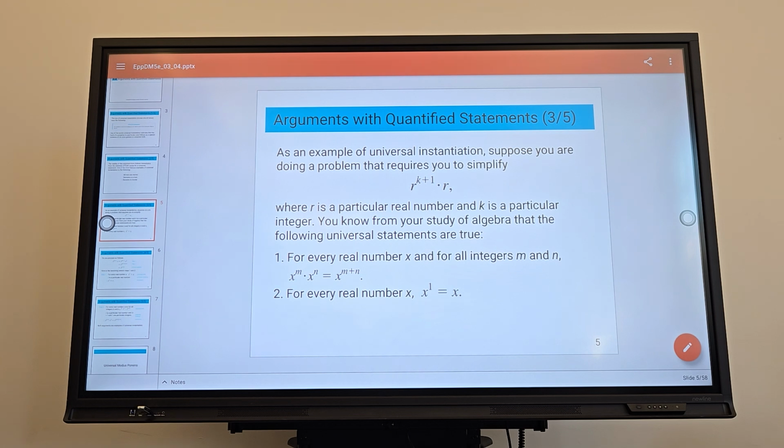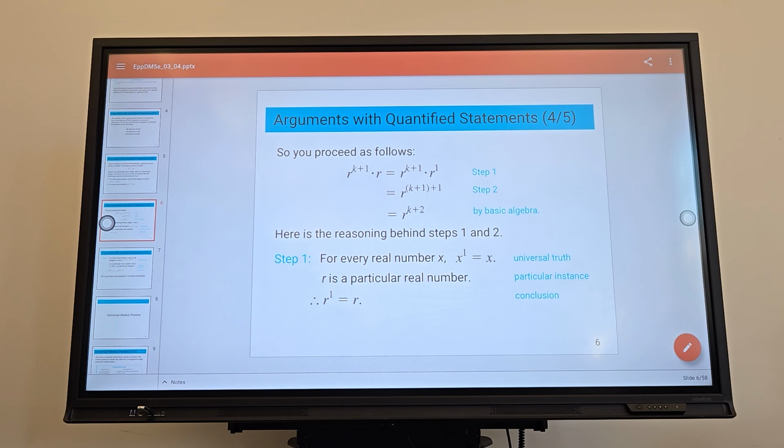You know from your study of algebra that the following universal statements are true. For every real number x and all integers m and n, x to the m times x to the n equals x to the m plus n. And for every real number x, x to the first power is equal to x.